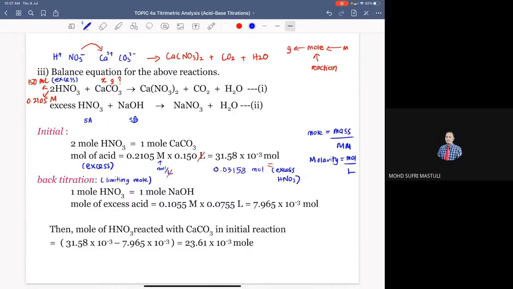The relationship is 1 mole of nitric acid with 1 mole of sodium hydroxide.